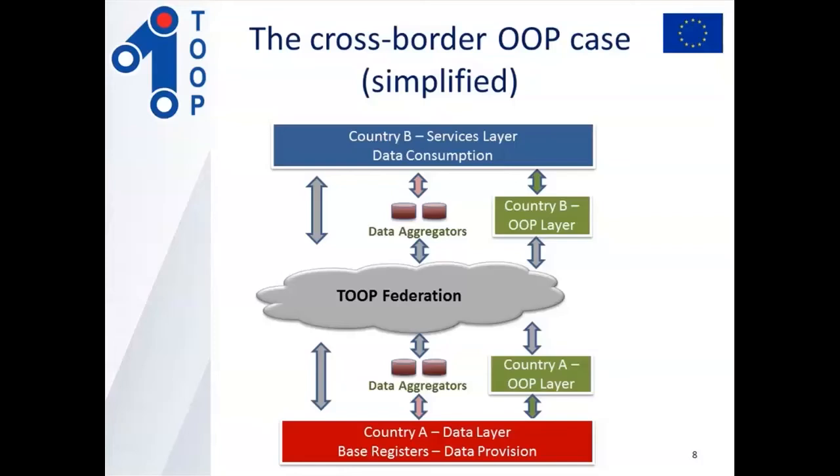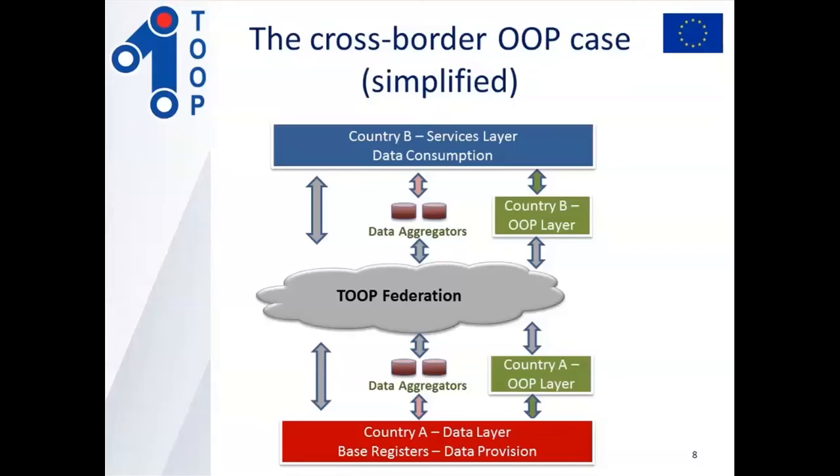As you understand, in a typical cross-border scenario, because in TOOP we are trying to work with a scenario of mobility, initially business mobility, but the architecture will work for citizen mobility as well, because there are these procedures foreseen by the Single Digital Gateway Regulation, but there are also other domains where we have such scenarios.